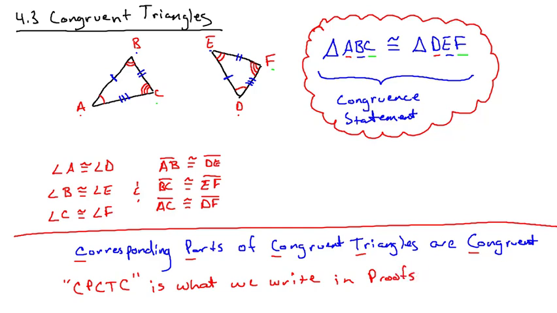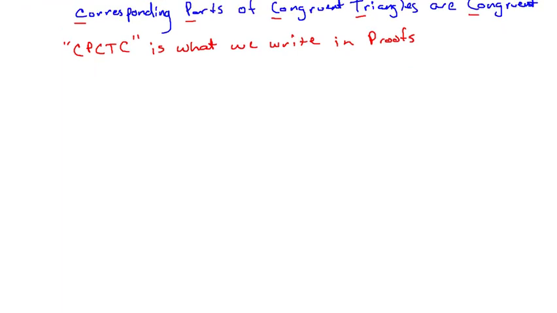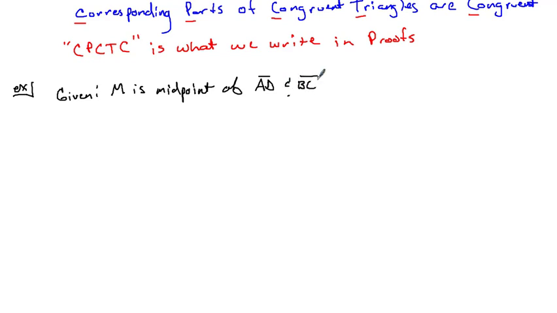Okay, so we're going to do a quick example, one little proof. It's going to take us longer to draw the picture than it is to do the proof. So here is our little example proof. We're going to be given some info. We're going to be given that M is the midpoint of segment AD and segment BC.